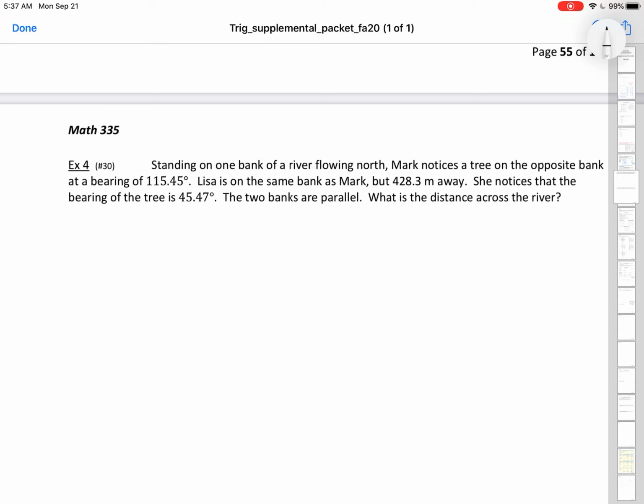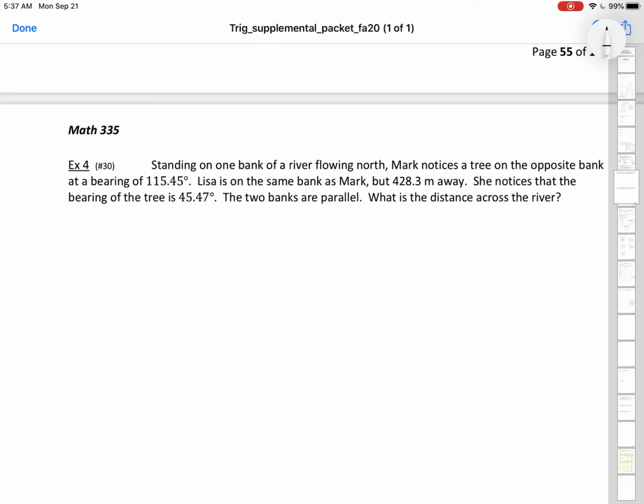So, standing on one bank of a river flowing north, Mark notices a tree on the opposite bank at a bearing of 115 degrees 45 minutes. Lisa is on the same side of the bank as Mark, but 428.3 meters away.